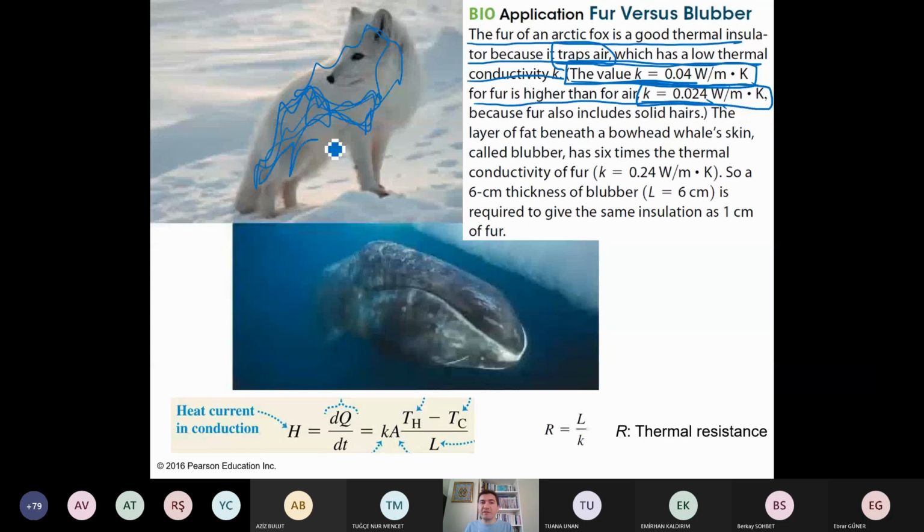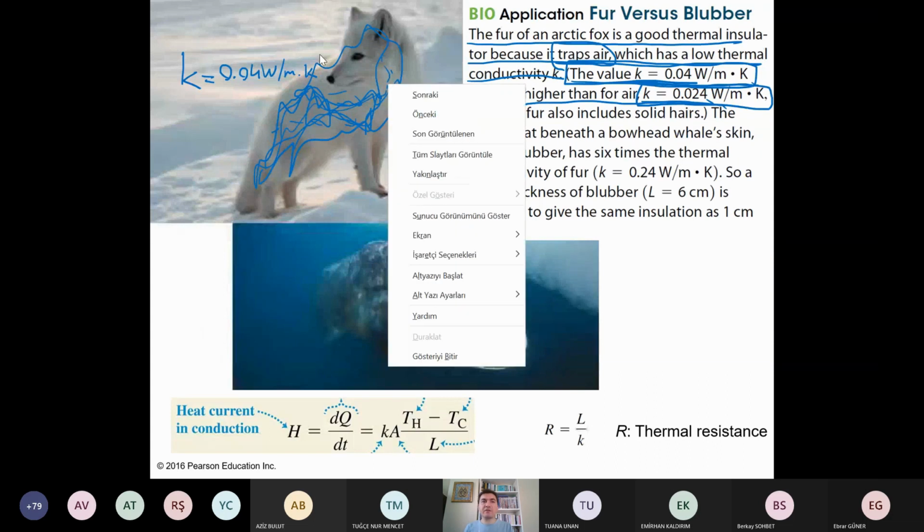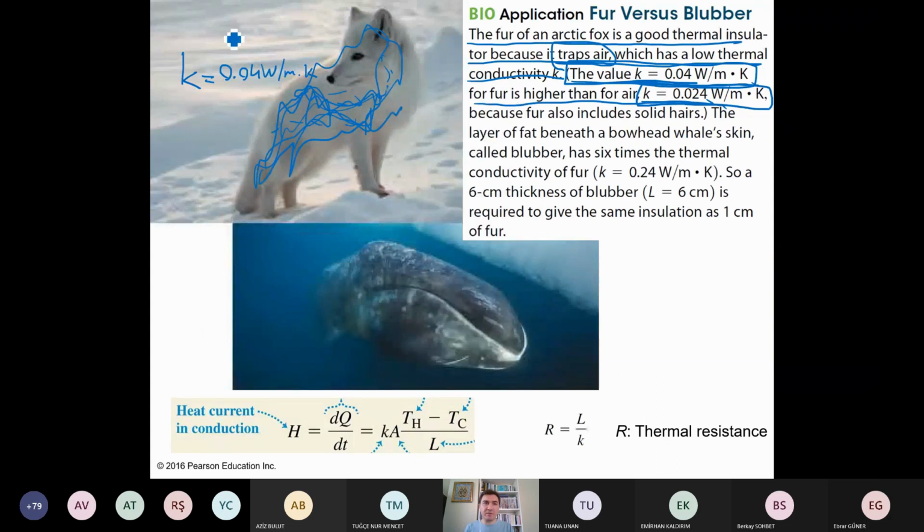So due to the air within this fur, this fox has very low thermal conductivity, okay? So the thermal conductivity is this one, 0.04 watt per meter per Kelvin, okay? Because it contains air within the fur. So then let's consider the outside temperature is minus 20 degrees Celsius and the inside temperature of this body is, let's say, I don't know actually, but just consider 38 degrees Celsius.